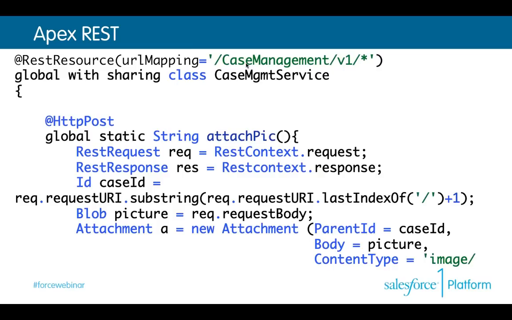And then what I can do is I can annotate methods within that class using the HTTP methods themselves. So there's HTTP post, get, delete, put. I feel like I'm forgetting one, but I think that's the family of HTTP methods. And as the methods hit that endpoint, they will be routed directly to the specific methods that we have here.